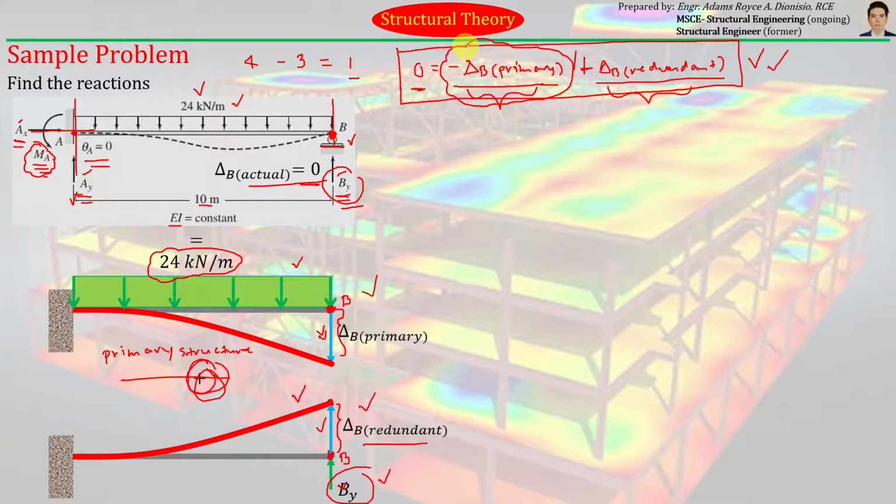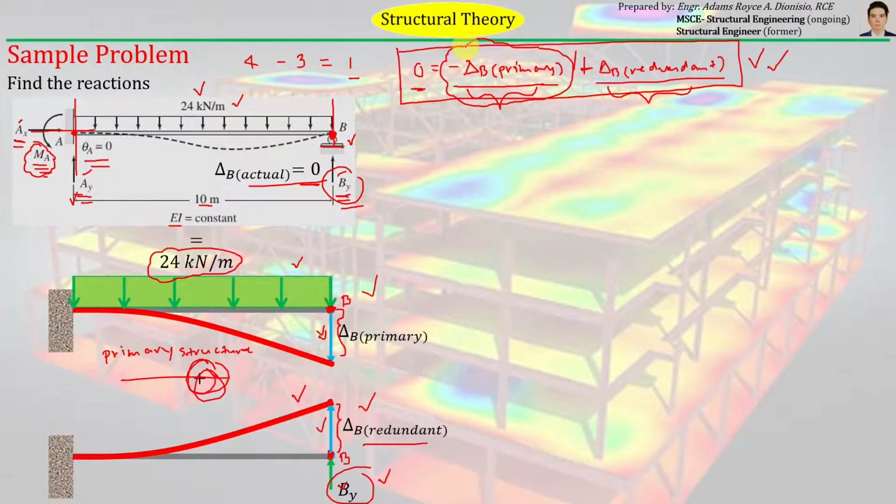So we have different methods to compute deflection. Okay, we have different methods to compute the deflection for a determinate structure like the direct integration method or double integration method. We also have the area moment method. We also have the superposition method.